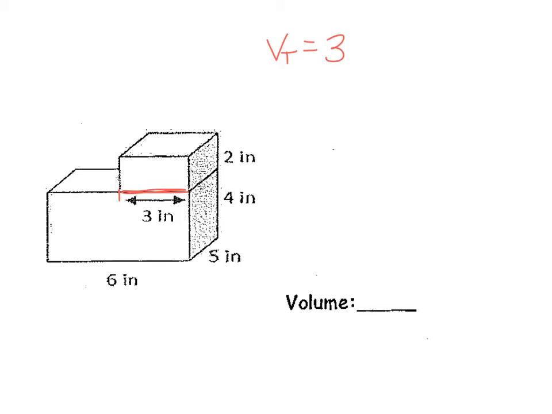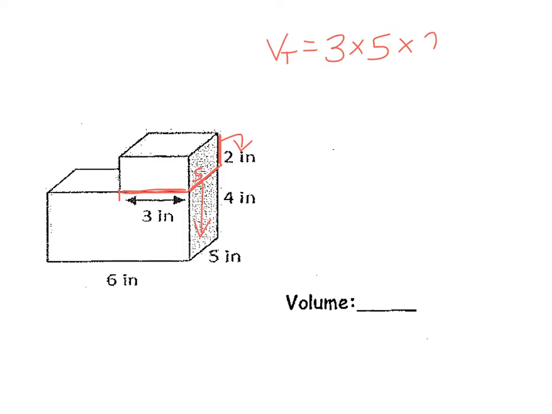So 3 times. Now I need to know my width. They don't have a number there, but I could look directly downward, and it's 5. So I can put a 5 right there. And then my height. It's just this section, and the answer is right there.